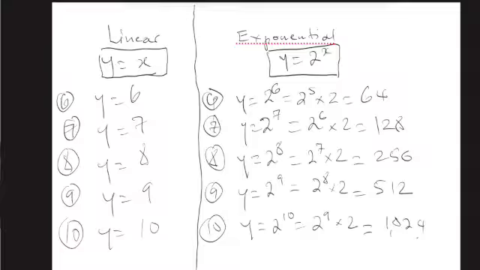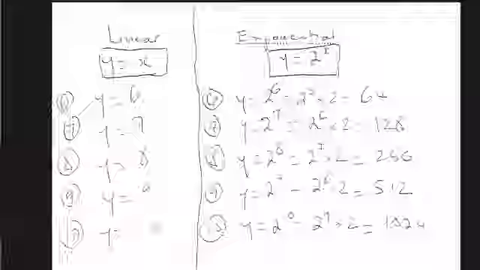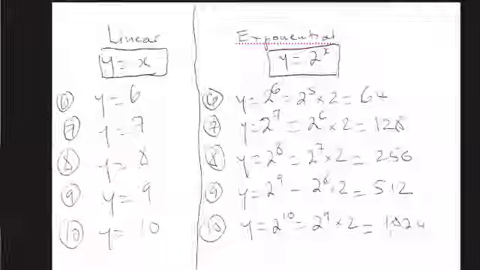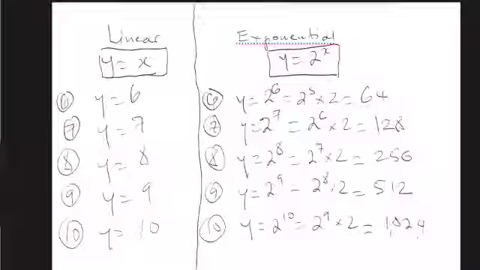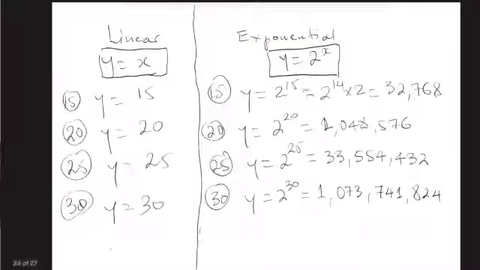Going with the same pattern, at step 7, we are at 128. By the time we get to step 9, we are at 512. So at step 10 on the exponential side, we are at 1024 already, whereas on the linear side, we are at 10.